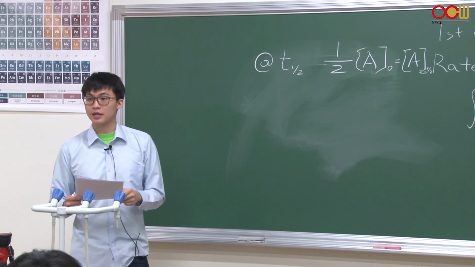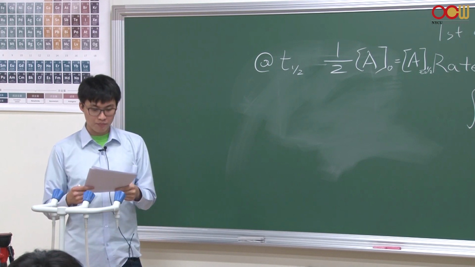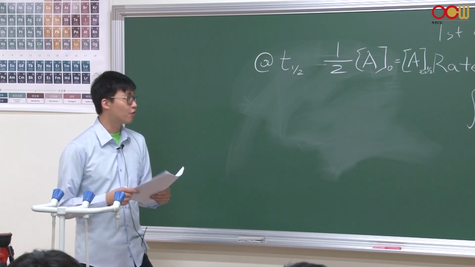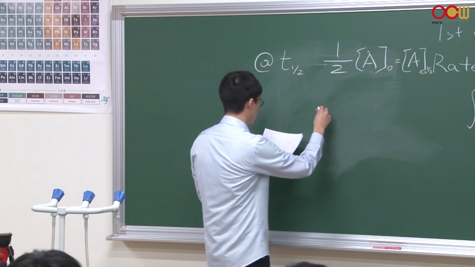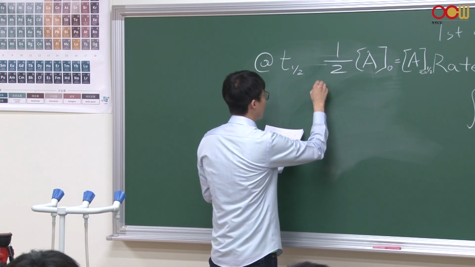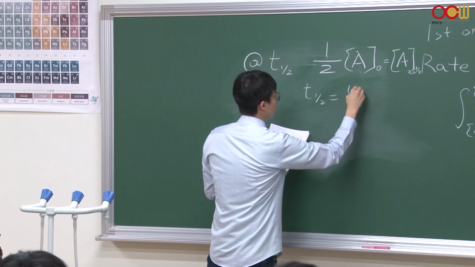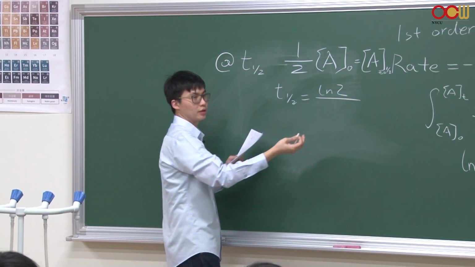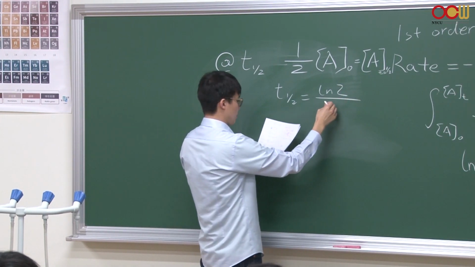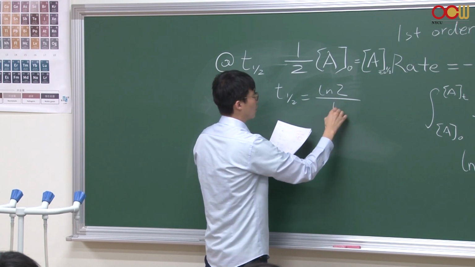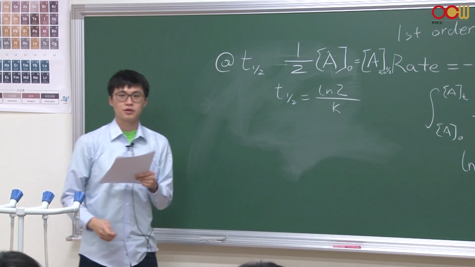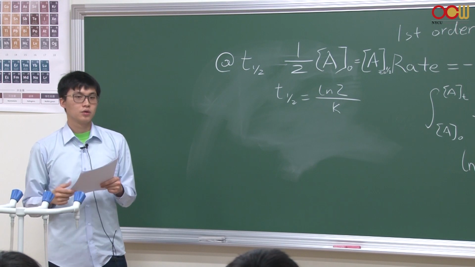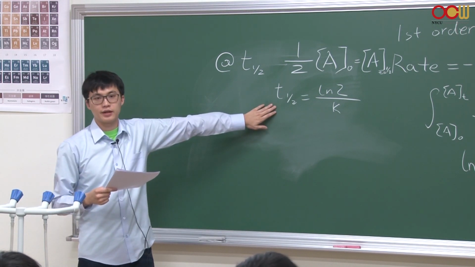And then on your concept exam, there's a question like that. Okay, so for first order reaction, if you simply do the math, then you will get half-life is natural log of 2, which is 0.6 something, over your rate constant. Okay, it's just a simple way to calculate stuff like this.